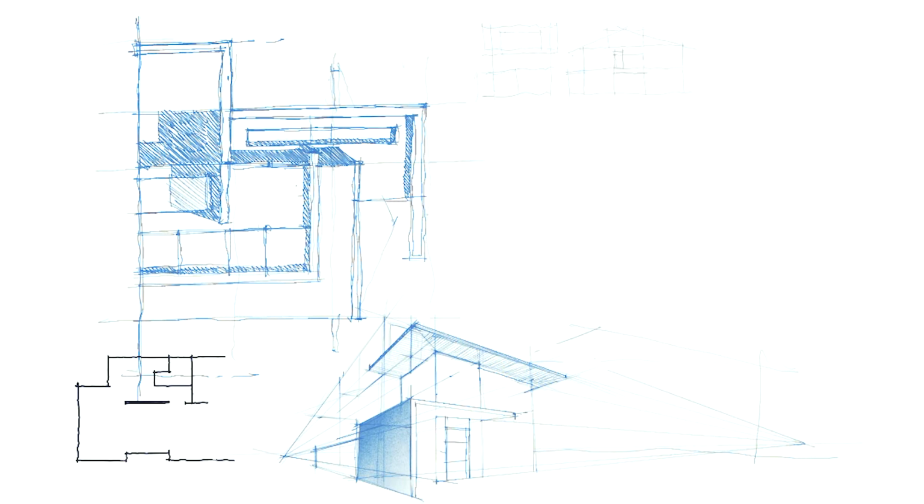Alright guys, in this video clip, I'm starting to study some elevations and perspectives, trying to find out which is the best facade treatment that we can have in this small house design.